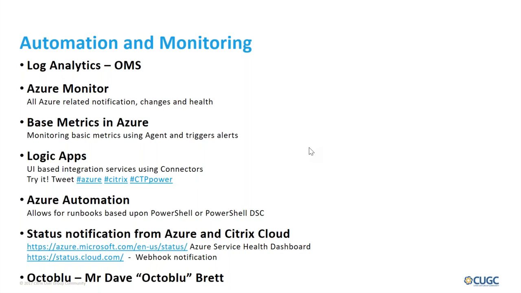Marius and I were also, so as you saw earlier with the logic apps, there's a bunch of stuff around webhooks in there. We were also looking at the scheduled power down and some of the other options around native stuff that's available currently in Azure. And one of the things with an Octoblu trigger is it has a webhook listening.